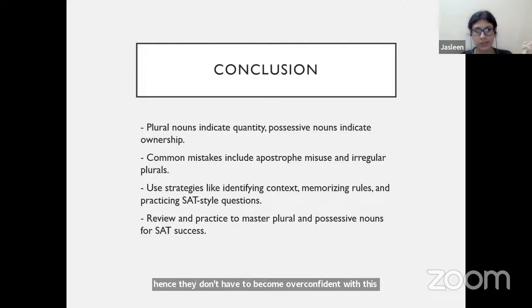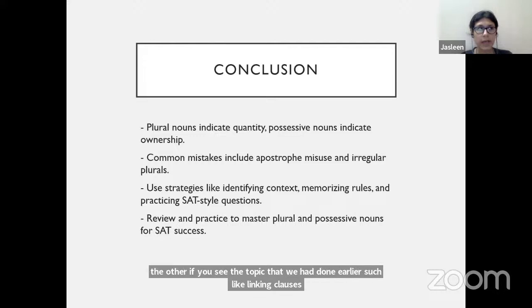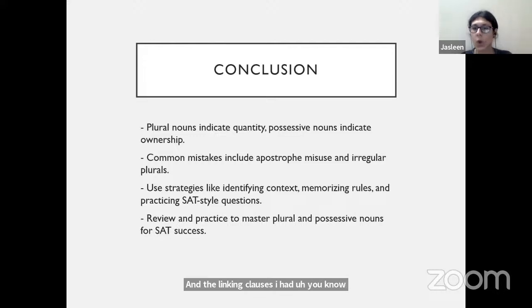If you see the topics that we had done earlier, such as linking clauses, under linking clauses I talked about the simple sentence, compound sentence, complex sentence, their formation, and the rules to be followed in order to change a sentence from compound to complex and vice versa.